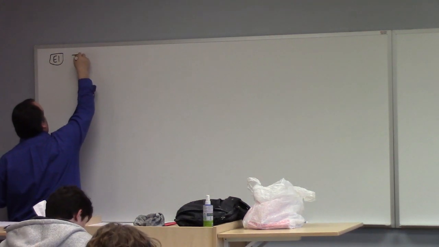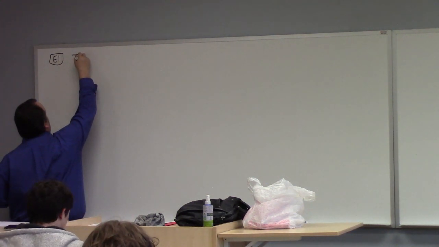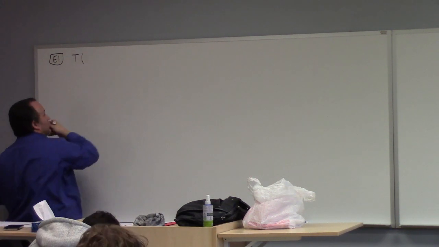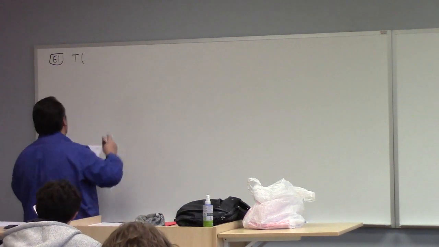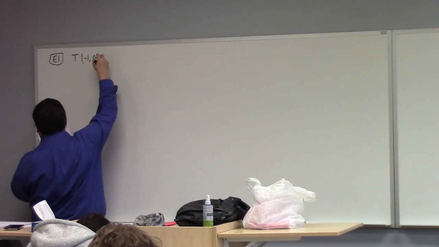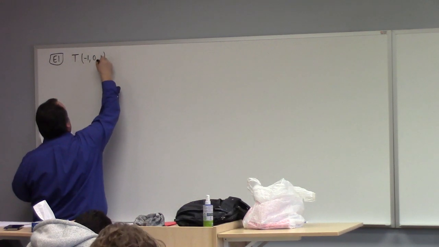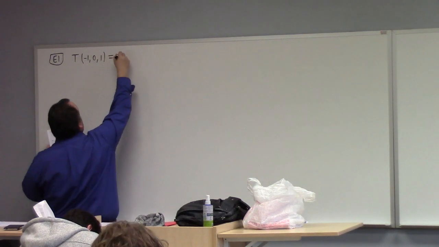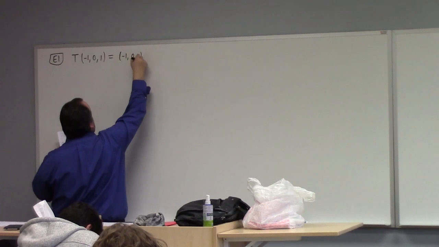Let's see here if we can figure something out. Let me make a kind of weird example for us. Suppose we have T of (-1, 0, 1) equal to (-1, 0, 1).